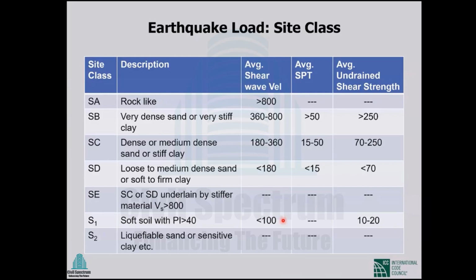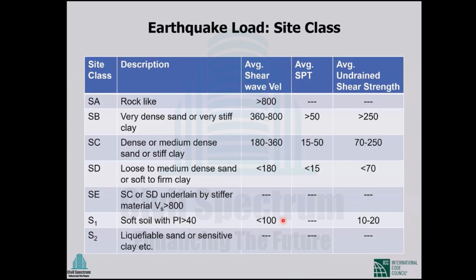Before going to the earthquake load, there is a very important classification: the site class is different this time. In the previous version of the code, there were 4 site classes, S1, S2, S3, and S4. This time, there are 7 classes: SA, SB, SC, SD, SE, and S1, S2.